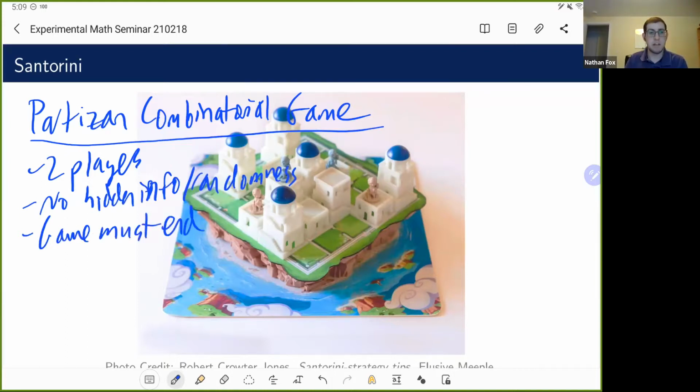This particular game can't end in a draw. Somebody will always win, because there's only a finite number of possible positions, because everything is bounded by the max height, and every move increases the total height by 1. A lot of common games that people play are partisan combinatorial games, such as chess and tic-tac-toe. What makes it partisan as opposed to impartial is that each player has their own workers.